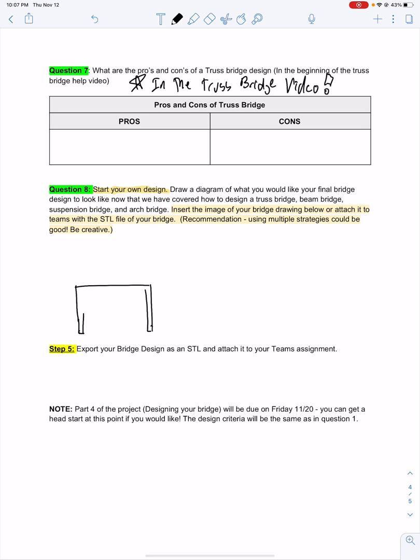So I'm going to start off by showing a basic beam bridge. Then I'm going to go ahead and add some trusses. Okay, and then I think that I'm going to do an arch at the bottom.